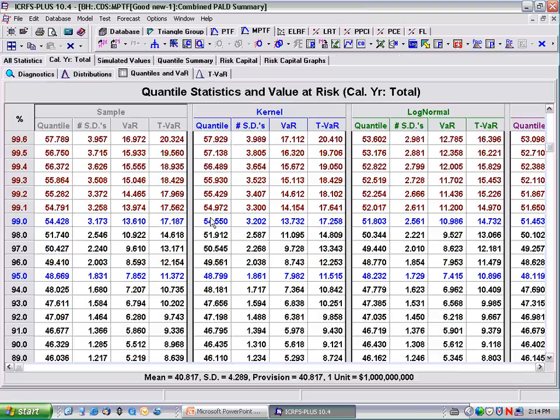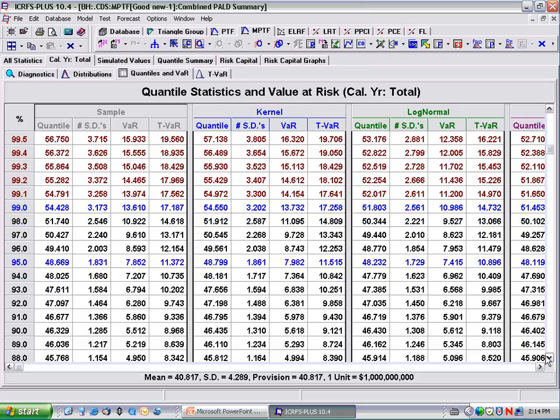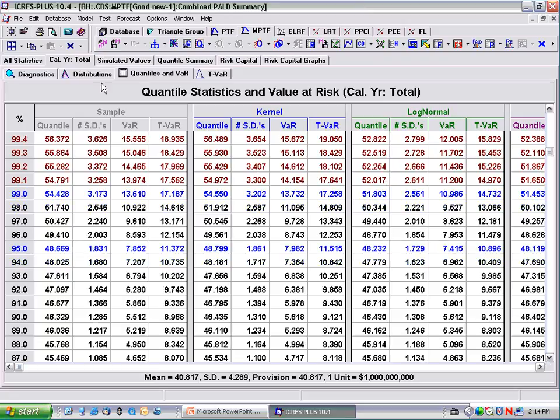So now this is your value at risk table. We've calculated VARs. We've also calculated T-VARs. T-VAR is larger than VAR. The VAR is based on a percentile, so at the 95th percentile, if the VAR is 7.852 billion at 95%, we're saying there's a probability of 5% that if you reserve the mean of 40.817 billion, you lose at least 7.852 billion.